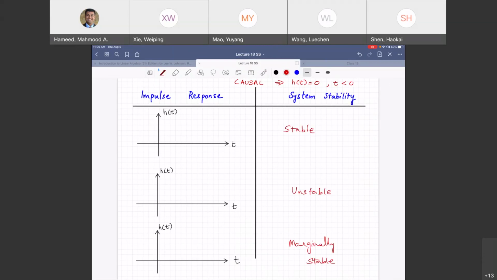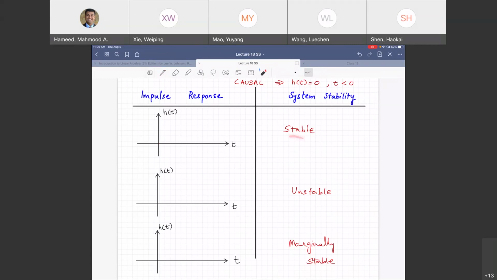What that means is I have a system here. I gave it some energy, some impulse. I want to monitor what happens at the output. For a stable system, and I'm assuming that it's a causal system, that means that before time 0, I have nothing. Time less than 0, I have nothing for the output impulse response.